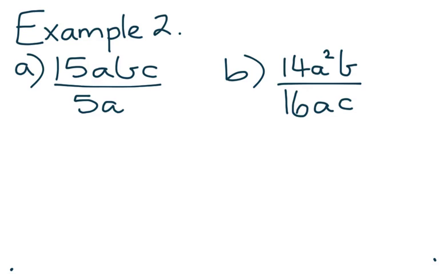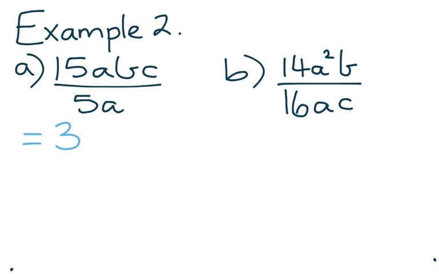Then we start to move on to some more difficult ones. So whenever you see a fraction line in algebra, it's always division. So the first thing we do is we deal with the coefficients, the large numbers. 15 divided by 5 is 3. Now, if we have a look at the next part, we've got an a on the top and an a on the bottom, and that's a divided by a.